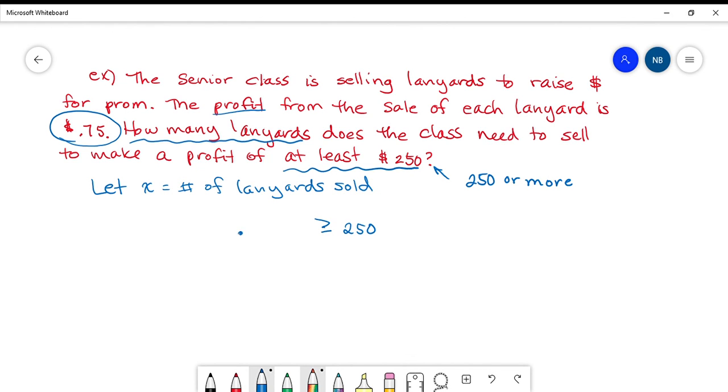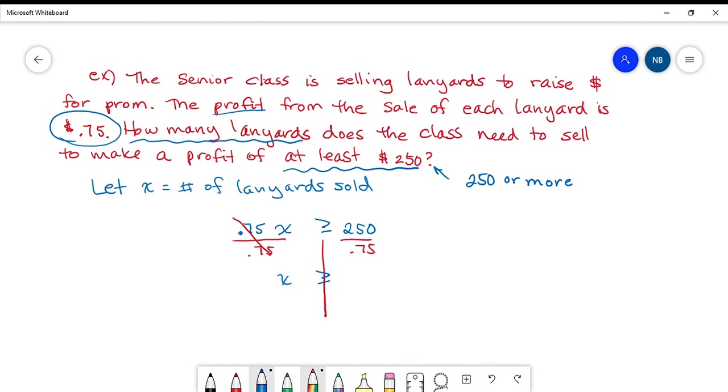Now the profit from the sale of each lanyard is 75 cents. So we're going to take our 0.75. We're going to multiply it by the number of lanyards, because for every lanyard sold, they make a profit of 75 cents. So we have 0.75x is greater than or equal to 250. And that's the inequality we need to solve. We're going to divide both sides by 0.75 to make a 1. That leaves x by itself.